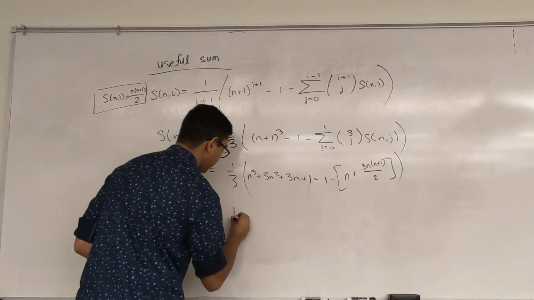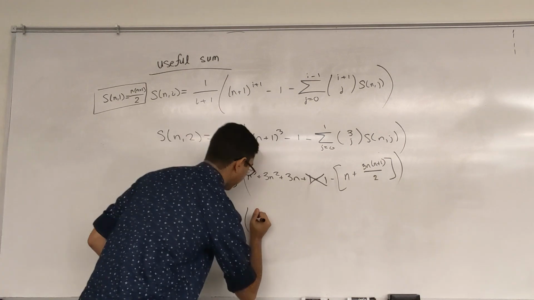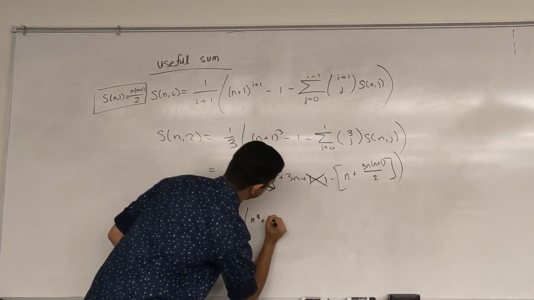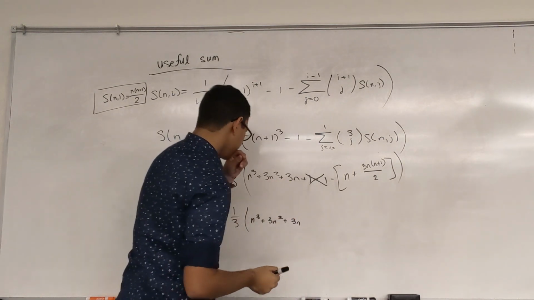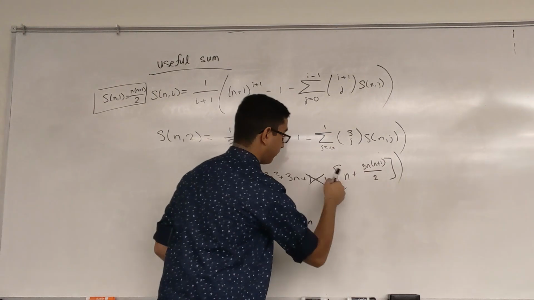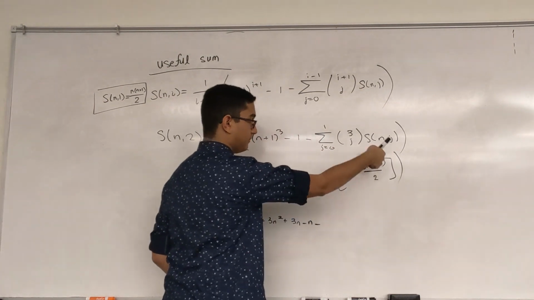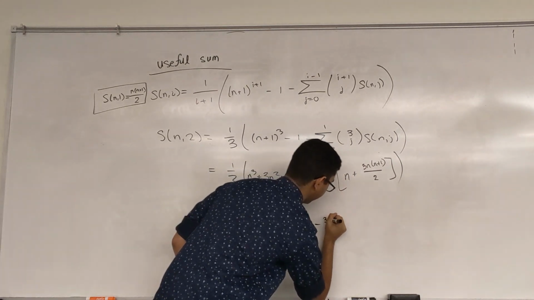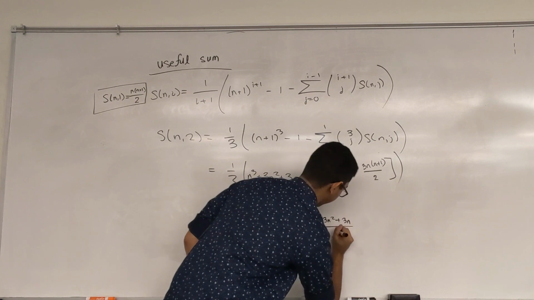So 1 over 3, and then we can see that these will cancel. So we'll have n cubed plus 3n squared plus 3n, and then we'll just do minus n, and we'll distribute the negative sign in. And then we'll also distribute this 3n, so minus (3n squared plus 3n) divided by 2.